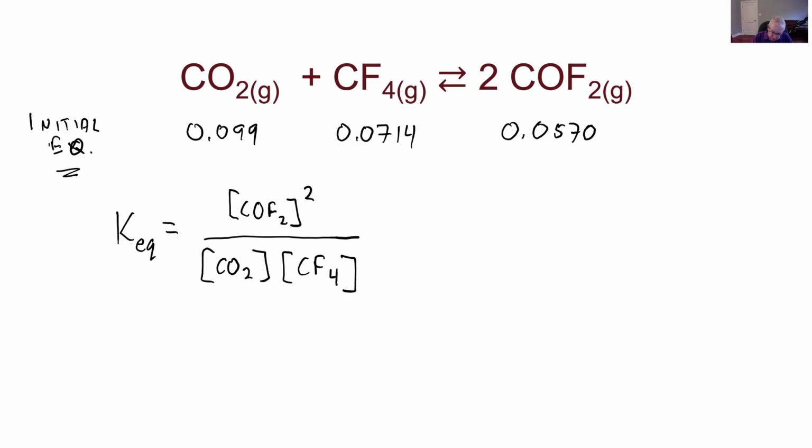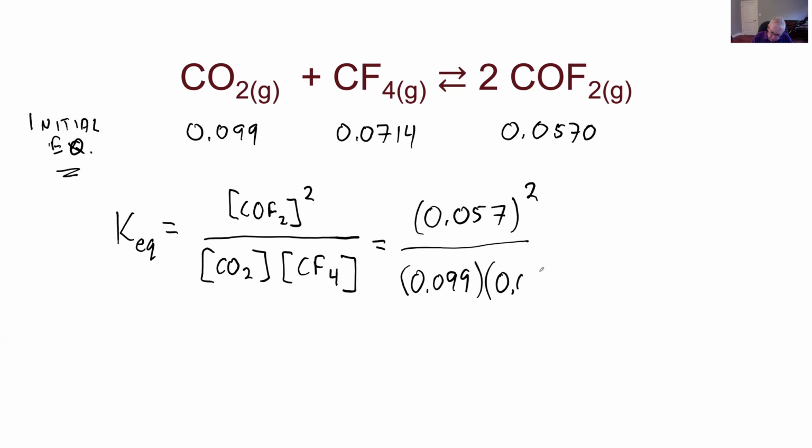So that's my expression. I put in the numbers. And if I solve that, I have a note beside me that says I get 0.46 for my equilibrium constant value for this reaction, okay?